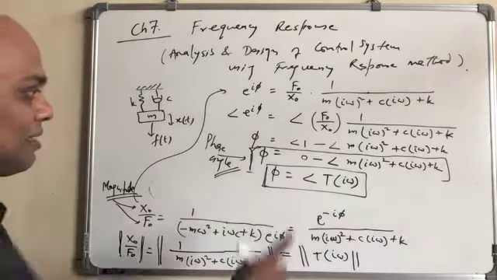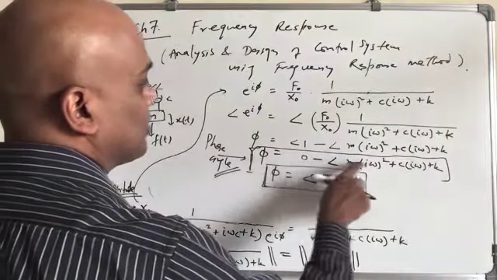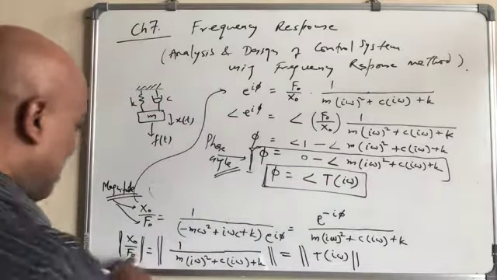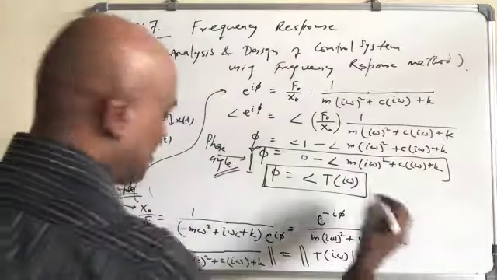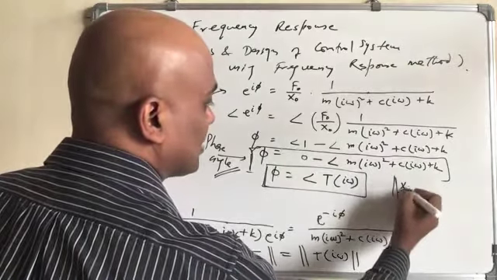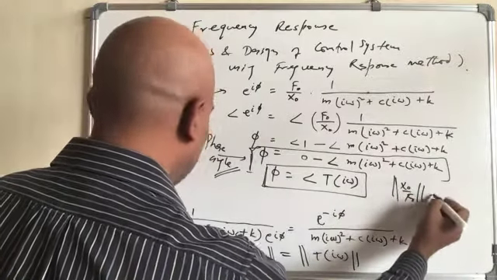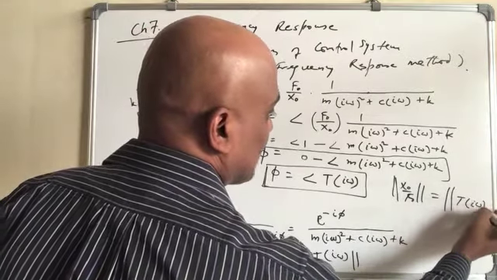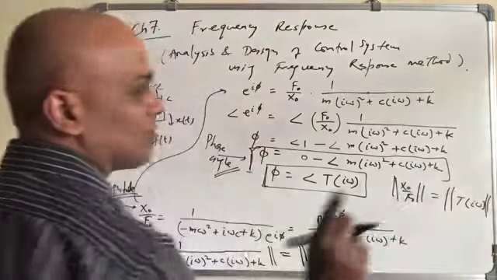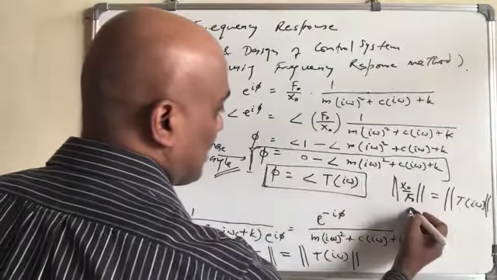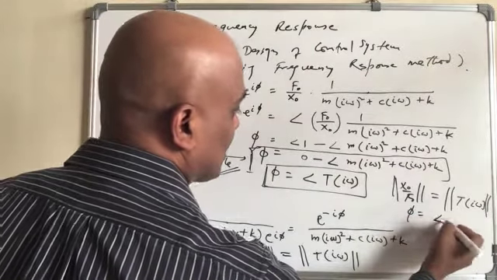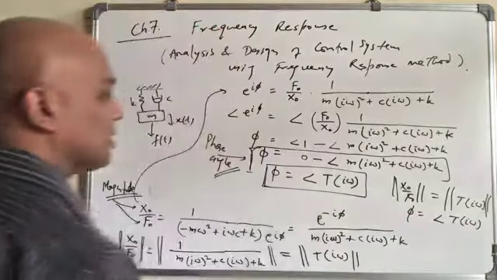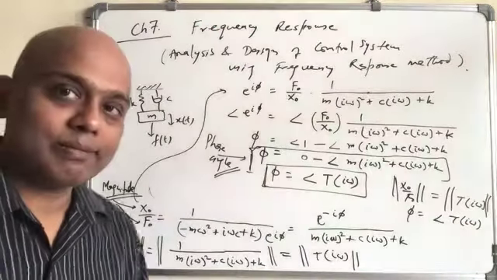That's it. If you want the magnitude, we can write x naught over f naught is simply the magnitude of the transfer function with s equal to I omega, and the phase angle is nothing but the angle of the transfer function at I omega. That's it.